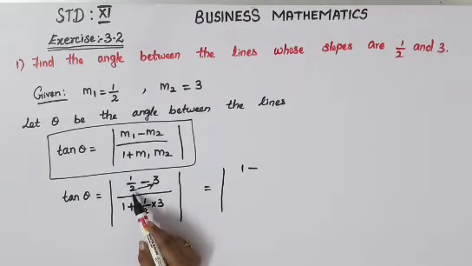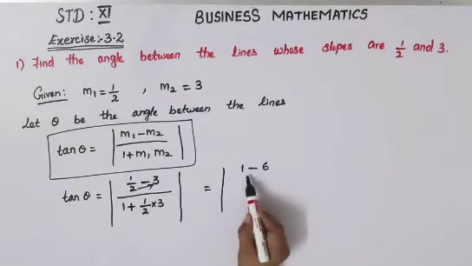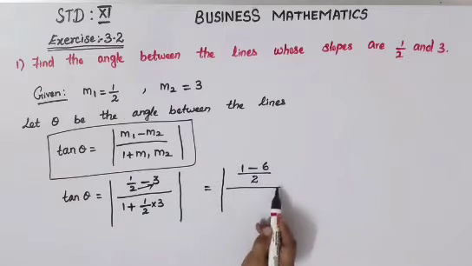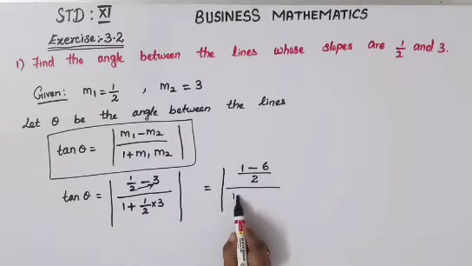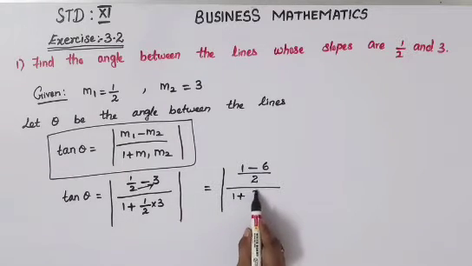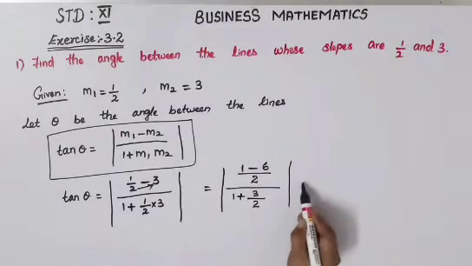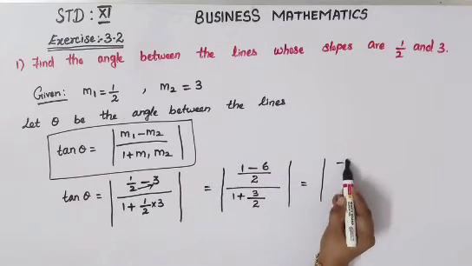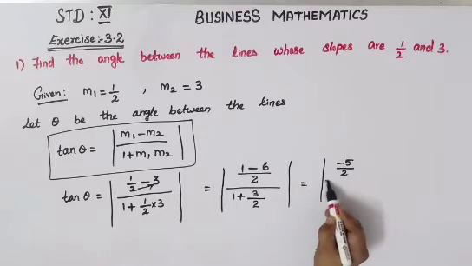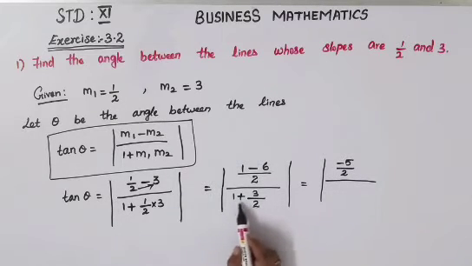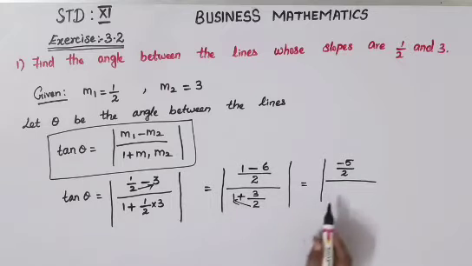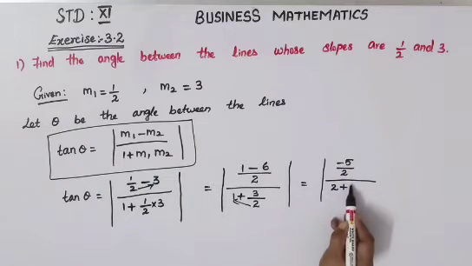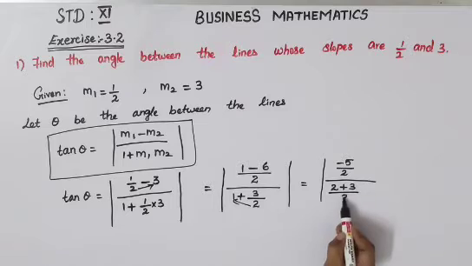So minus, 2 3s are 6, divided by this 2, the whole thing divided by this one as it is, plus 1 3s are 3, divided by this 2, which is equal to modulus of 1 minus 6, you will get minus 5 divided by 2, the whole thing divided by this, you will have to go to LCM. So 2 ones are 2 plus 3 divided by this 2.